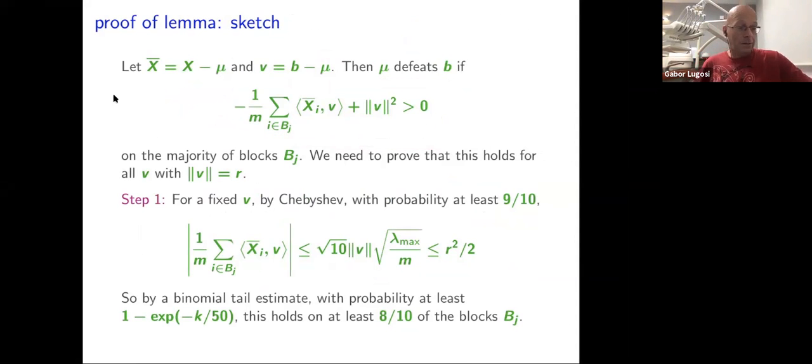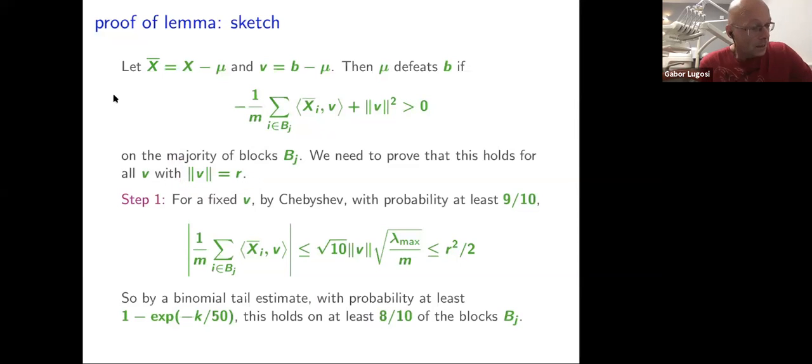We have to prove that on the majority of the blocks, the empirical average of the inner product of the data points with v satisfies this inequality. This should be true for all vectors v whose norm is at least r, but it's easy to see that it's sufficient to prove this for norm exactly r, because then everything else follows.